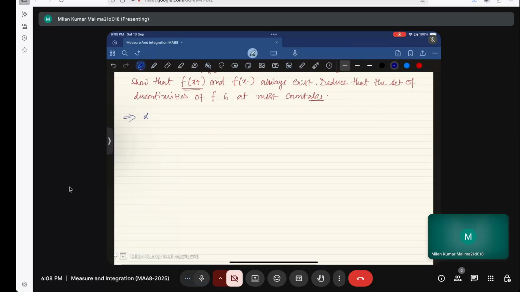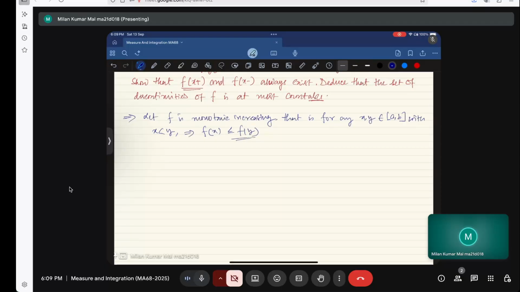So let f be monotonic increasing, that is, for any x and y belonging to the closed interval [a, b] with x less than y, f(x) is less than or equal to f(y). This means a monotonic increasing function. So let's take f to be a monotonic increasing function.